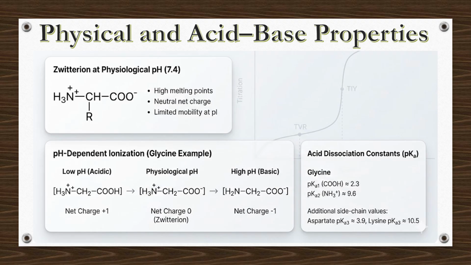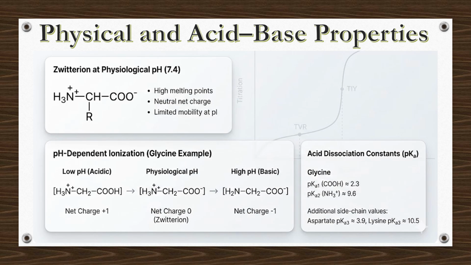At its isoelectric point, around pH 5.97, glycine exists almost entirely as a zwitterion and has no net charge, so it does not move in an electric field. Raising the pH further to about 9.6 causes the amino group to lose its proton, giving glycine a net negative charge.